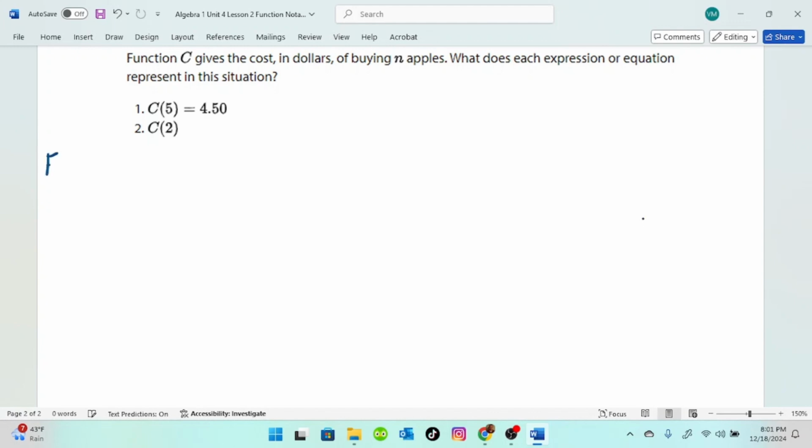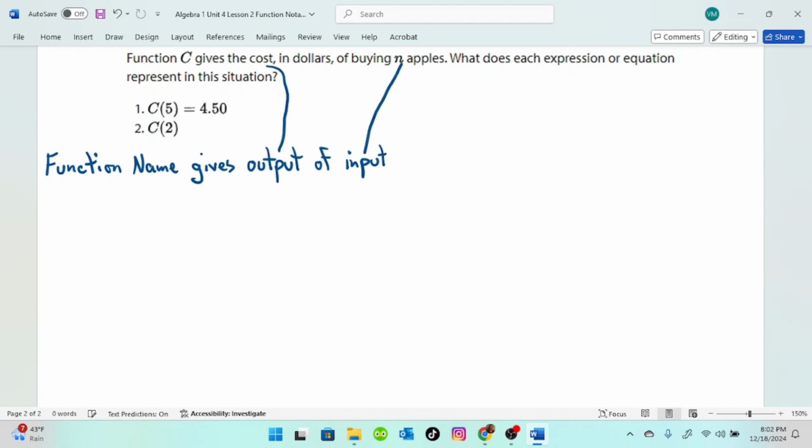It says function name gives, whatever it says right after that is the output of the input. So in this case, the output is going to be the cost, and the input is going to be the number of apples.